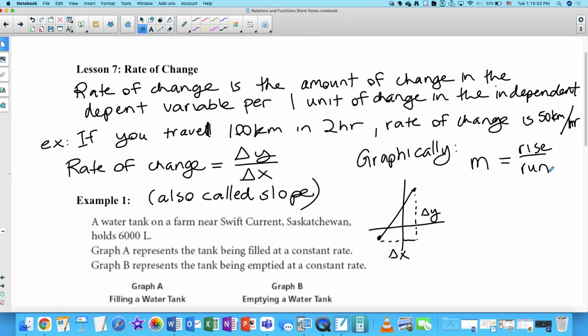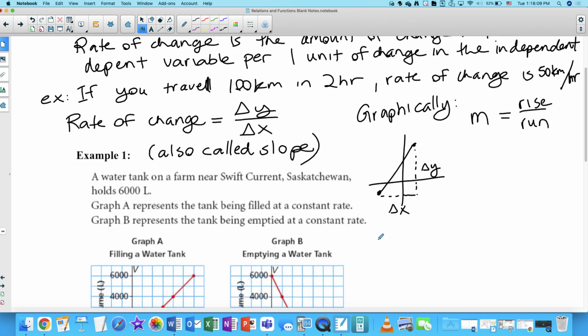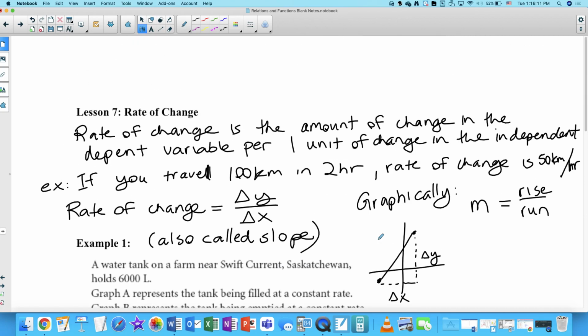That I can see. What about if we just have 2 points and we wanted to determine the rate of change? I actually do want to go into this, and I'm going to do it on a new page because I'm running out of space here.